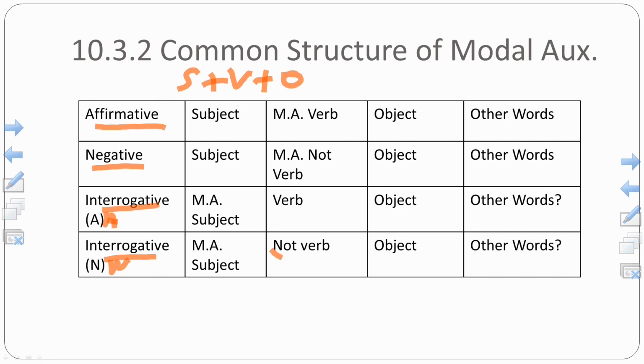When we write any negative sentence, don't forget to put not: subject, modal, not, verb, object. So this is the structure. We just need to put not here when we write any negative sentence. So affirmative, negative, interrogative, or we can say where there is any question mark, because in an interrogative at the end we have to put a question mark. So don't forget the question mark.